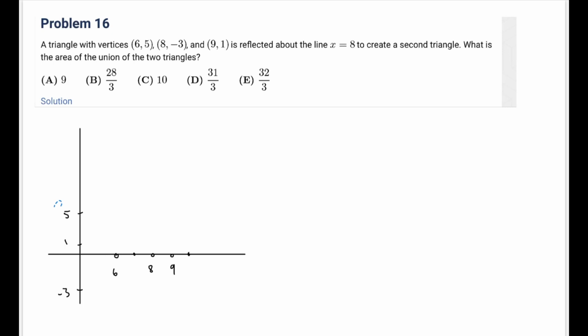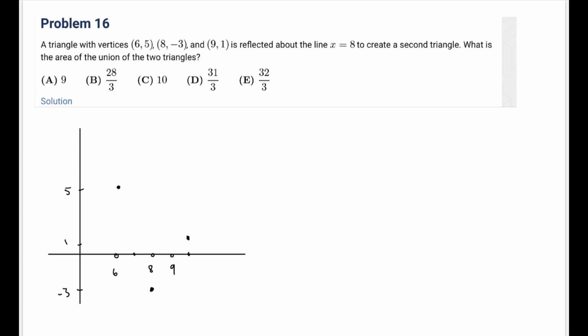Yeah, let's move 5 up a little bit. Like that much. And so we would have (8, -3), (6, 5), and (9, 1). So connecting the dots, it would be like this.